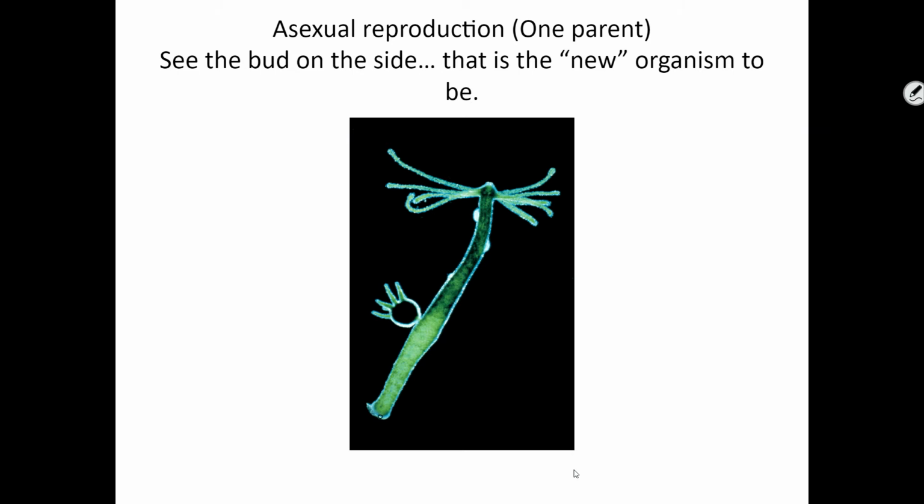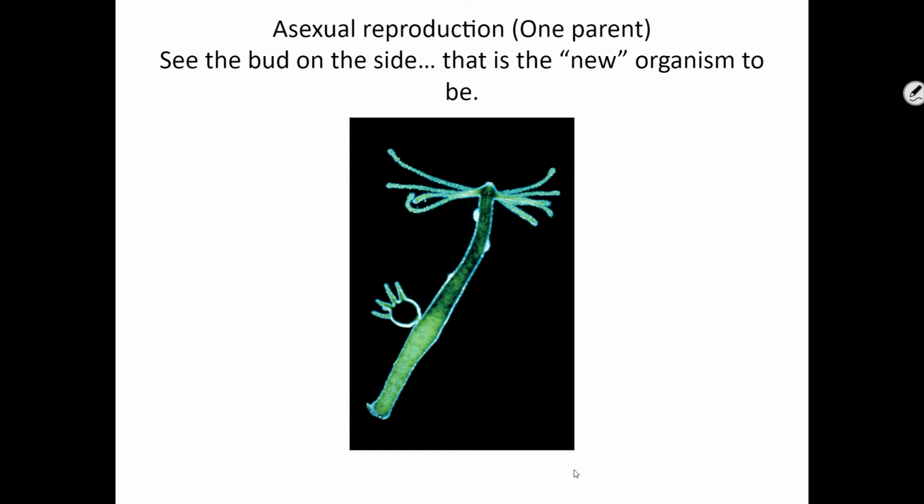All right, so in just a brief review of the two types of reproduction, something that you've had since the beginning of time, or at least since fifth grade or so. There's asexual and sexual reproduction. Big thing here. See how I have one parent up there? I really wish I didn't, because I don't like that distinction. Because the big thing for you to remember is that with asexual reproduction, yes, it does only involve one parent.